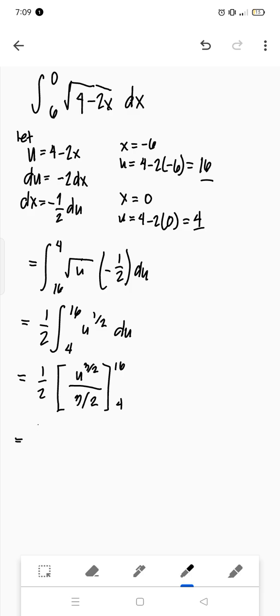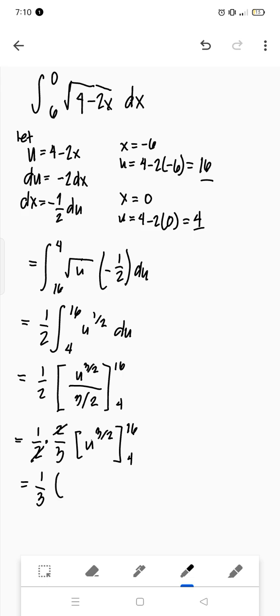It will become 1/2 times 2/3, in which the 2 and 2 will be cancelled, so it will become 1/3, and u, which is 16 to the 3/2 minus 4 to the 3/2.